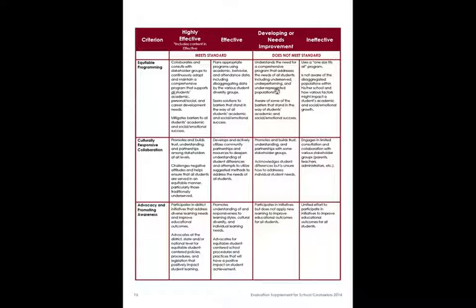But if we move up into developing, we understand that there's a need for that, but we really haven't quite got there. In the effective and highly effective, you're planning those programs using data, and you're disaggregating the data by various student diversity groups so that you see who's missing what, and how we might seek some solutions to those barriers that stand in the way of student success.